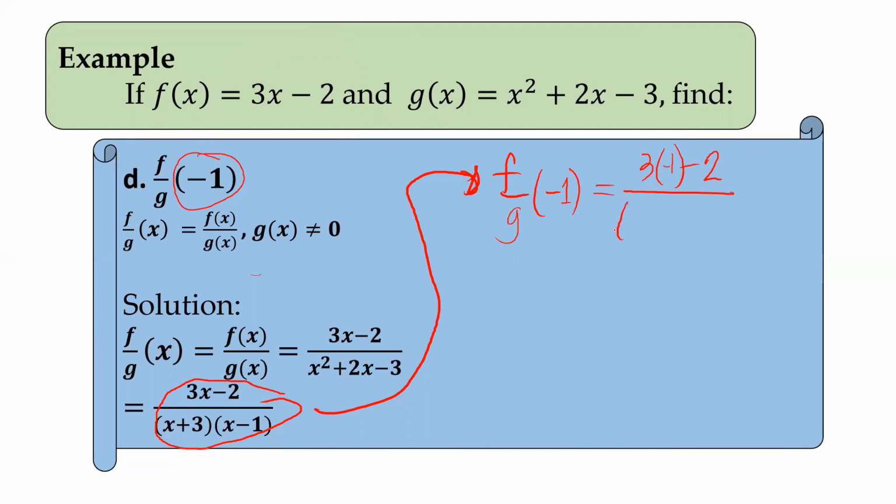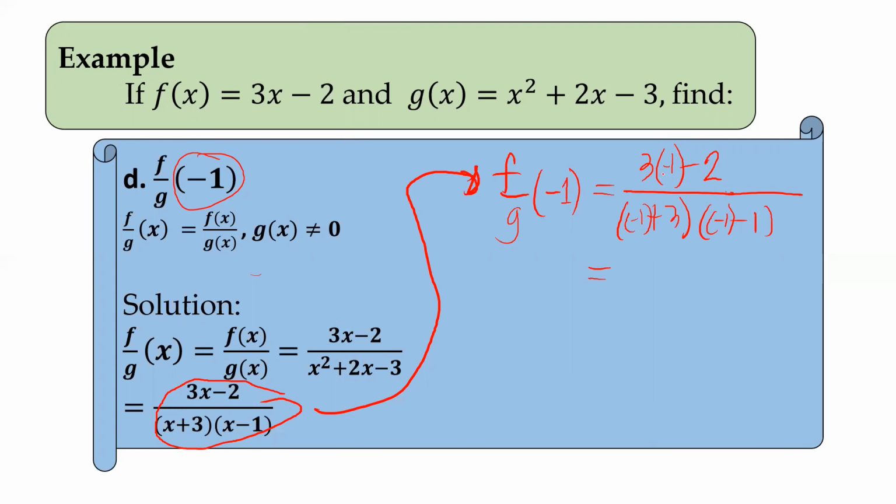Then, we have for x plus 3 and times x minus 1. Papalitan natin yung x dito ng negative 1. Huwag kalimutan lagyan ng parentheses. Okay, negative 1. All right. Then, we have to continue. Do not forget the equal sign.